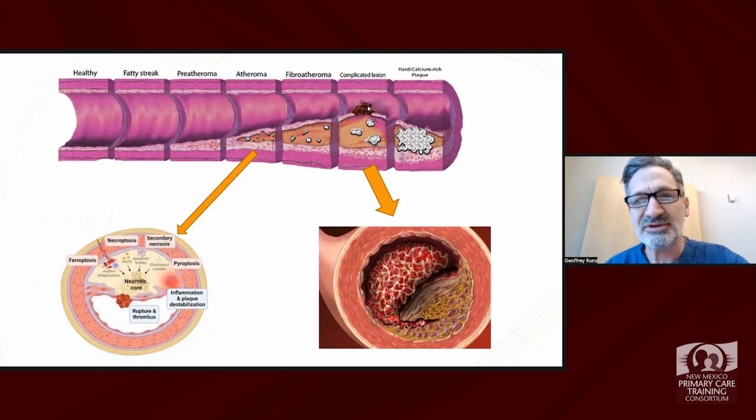Here we see the complicated lesion, which is a ruptured plaque. And then on the very right hand is a healed calcified lesion that is the sequela of a previous plaque rupture event.